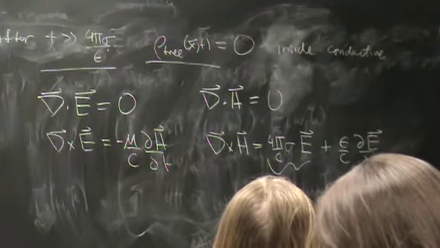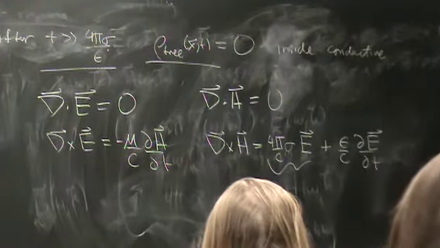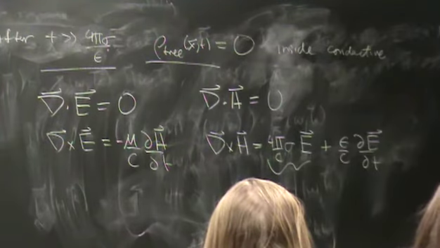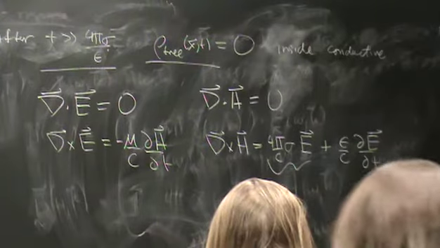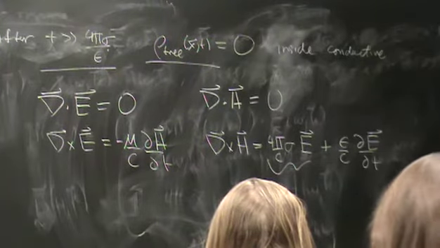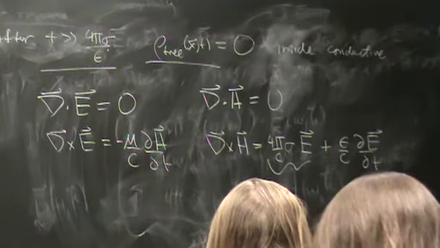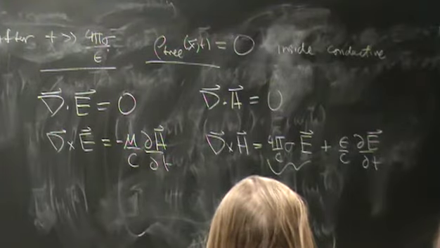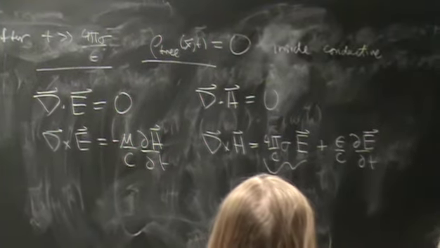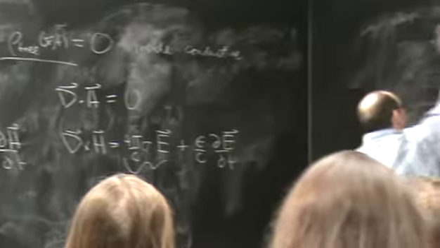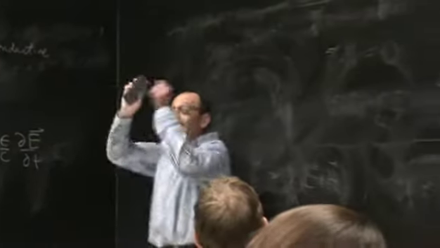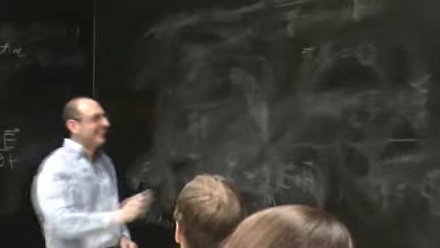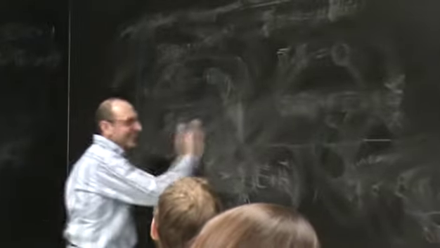Okie dokie. So now I want to know, how do waves propagate in this kind of medium, which has a finite conductivity? How do I find the wave equation? Take the curl.